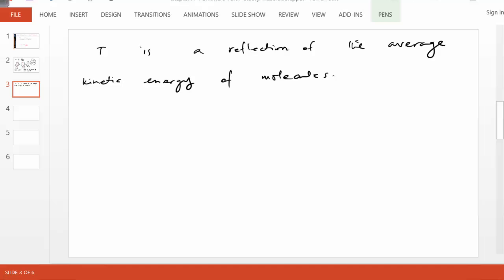It is the same for all species and the same as the temperature of the mixture. But now how about pressure?